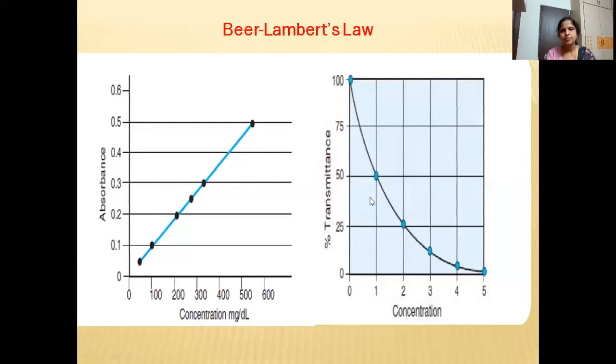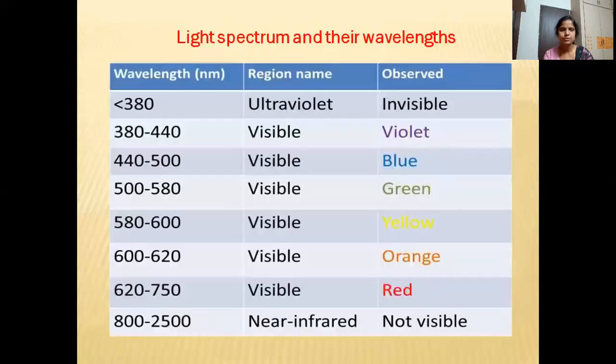Then what is happening to the transmittance at higher concentration? It is decreasing. At lower concentration, transmittance is high, whereas as the concentration increases, the transmittance decreases. So it is exactly inversely proportional to the absorbance.